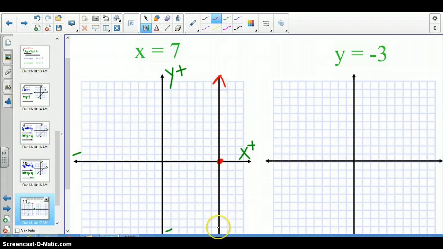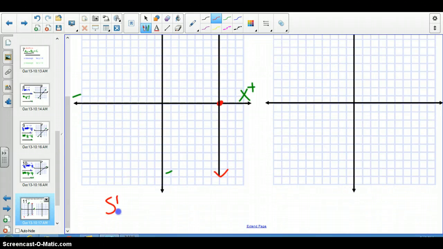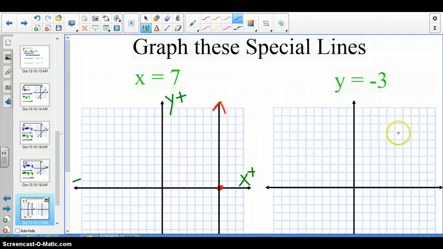At 7. Now remember, what is the slope of vertical lines? Slope equals undefined for vertical lines. Now for y equals negative 3, x is positive to the right, negative to the left, y is positive up, negative down.